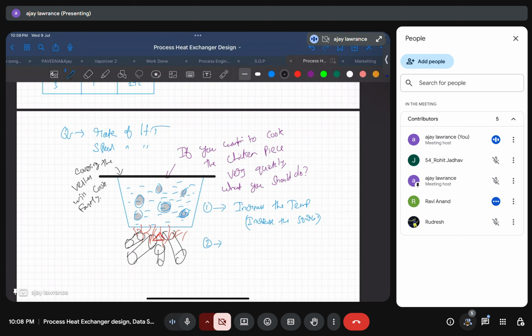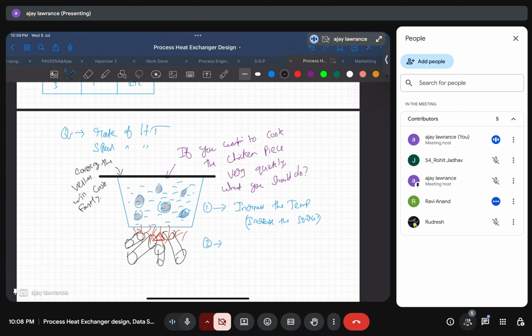If you cover it, it will cook very fast. Why? Is it vapor pressure? It is out-of-the-box thinking only, but why? Reducing the atmospheric pressure?